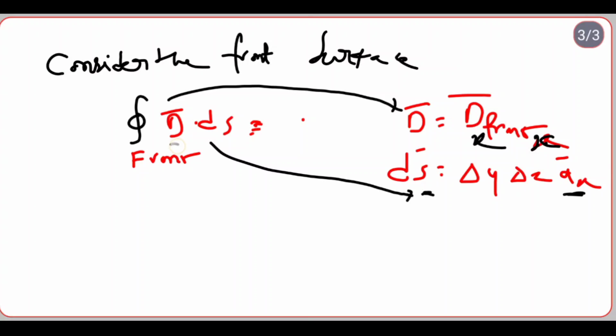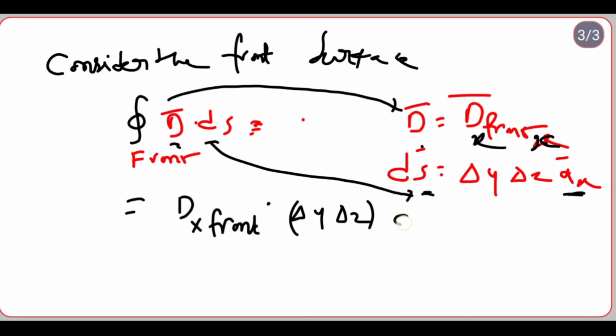Now we are substituting in place of D bar and ds bar these two, that equals the front surface integral. Front D dot ds can be written as dx front dot delta y delta z ax. We can write it like this. But what is D? Dx front ax, in x direction it is.